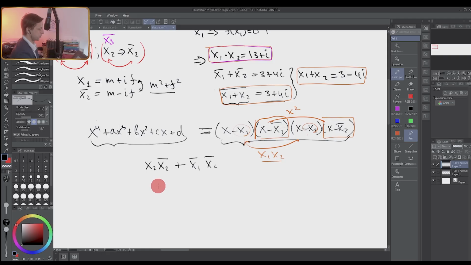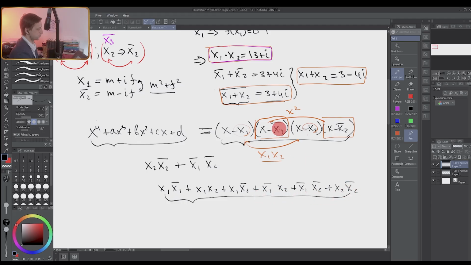So it will be like this: x1 conjugate plus x1 x2 plus x1 x2 conjugate plus x1 conjugate x2 plus x1 conjugate x2 conjugate, and finally plus x2 conjugate. We found out what this coefficient is just by understanding how these parentheses are multiplied and what would be the total amount of coefficients near x squared.